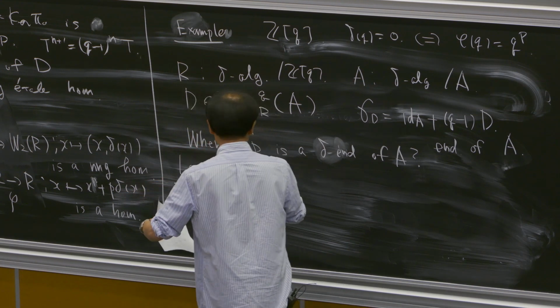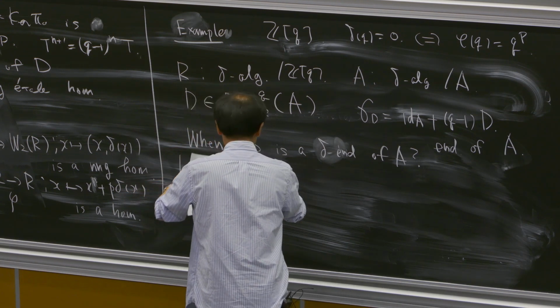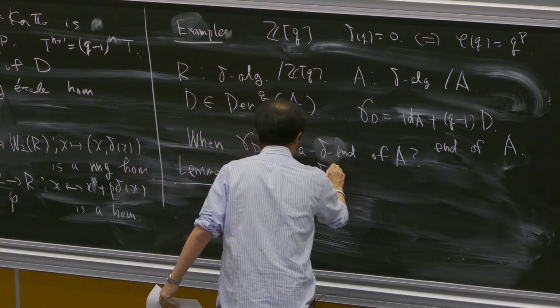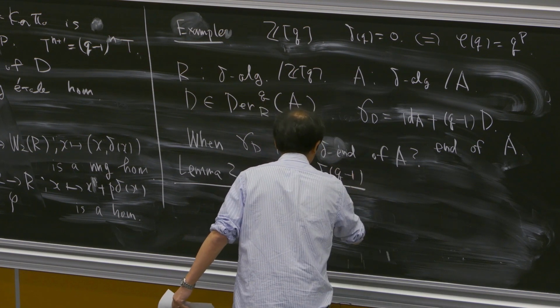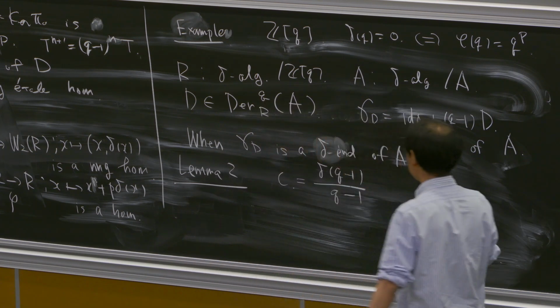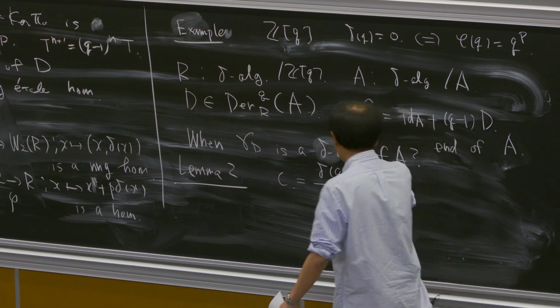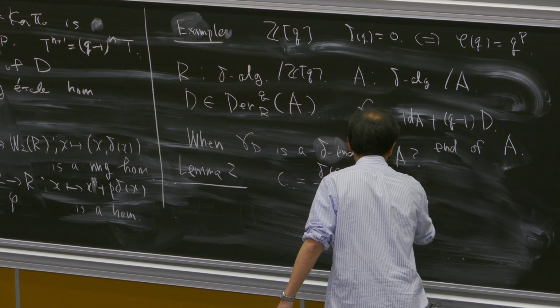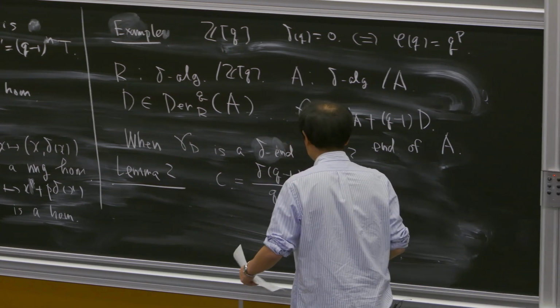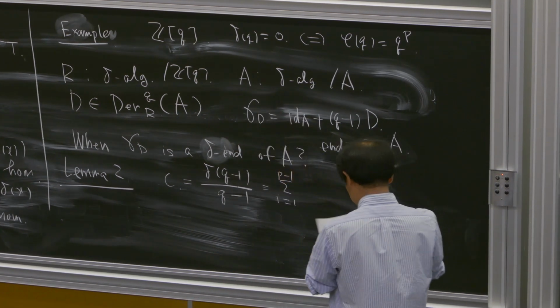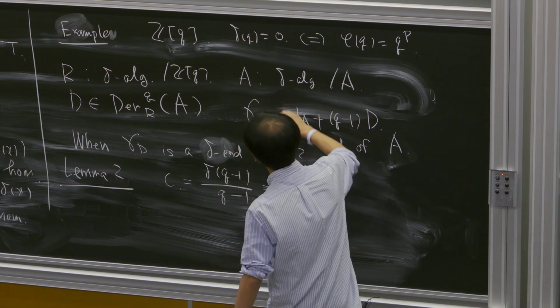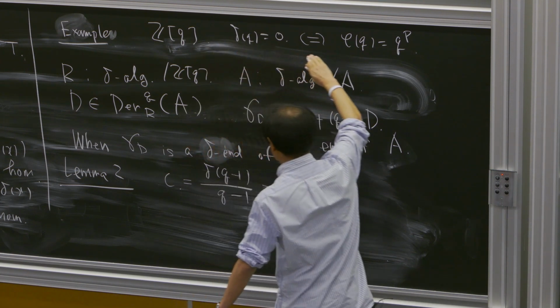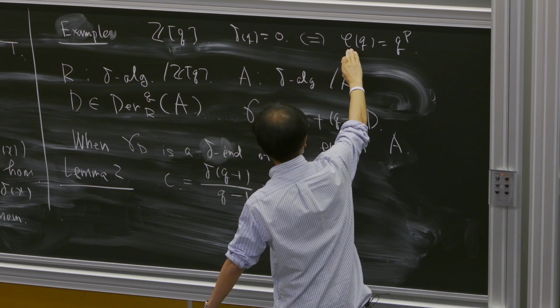Yeah. So I put C to be this one. So this is actually divisible. You can compute. Actually, this is p-torsion free, so it's better to compute it in terms of phi.